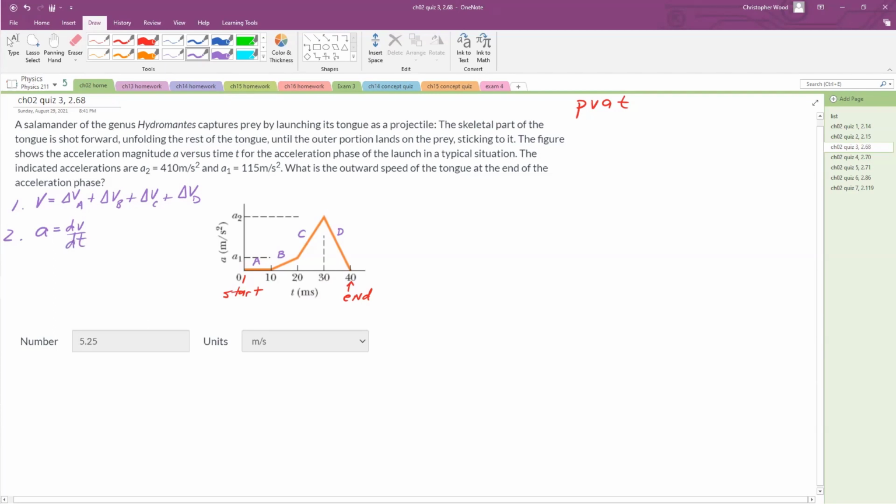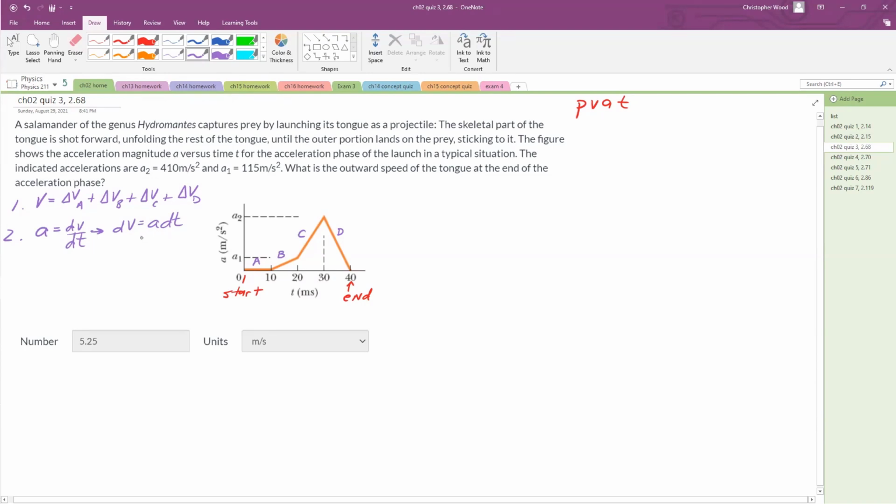That's the definition of instantaneous acceleration. So I'm just going to multiply both sides by dt, and I get dv equals a dt. That's my relationship between velocity and acceleration, at least in this form.